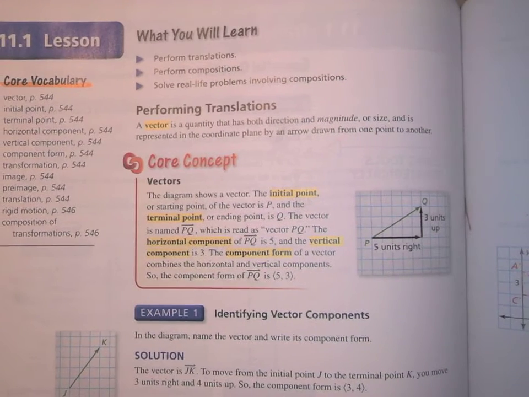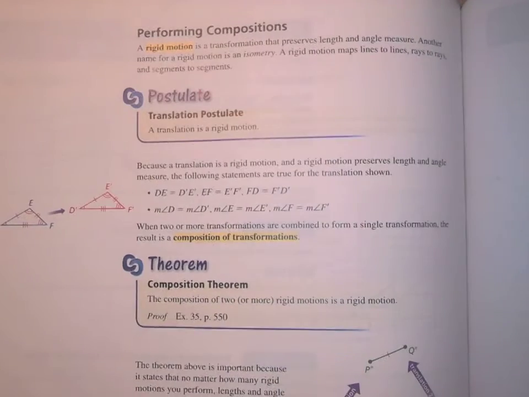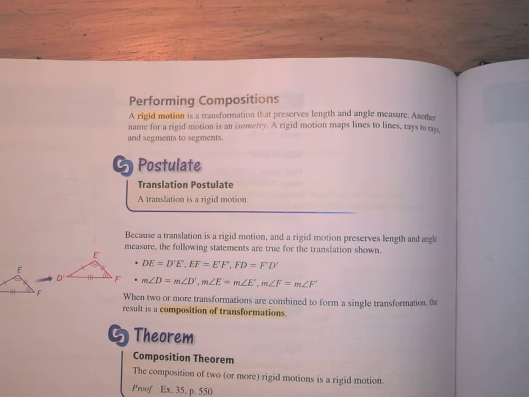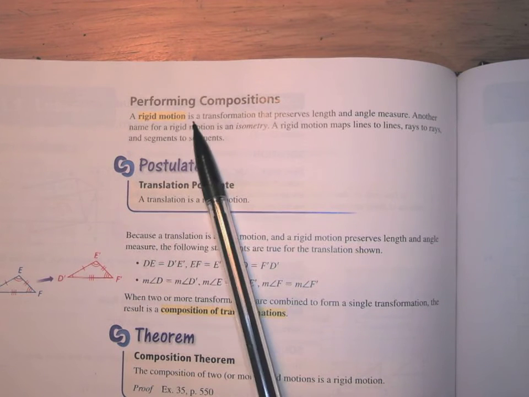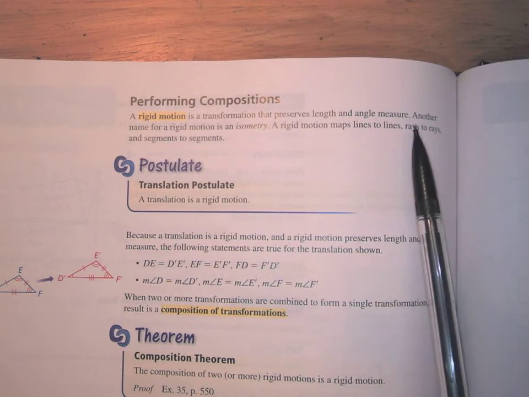Okay? For example, if you recall, we talked about this idea at the beginning of one of our lessons when we proved the corresponding angles theorem. It's this idea that a rigid motion is a transformation that preserves length and angle measure.